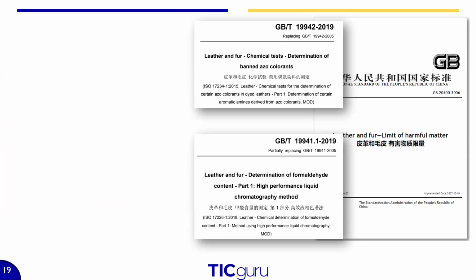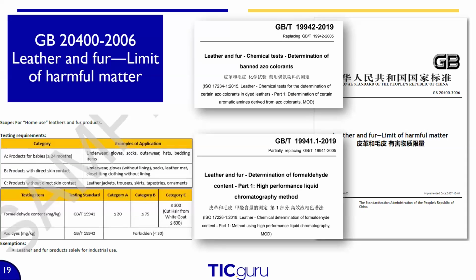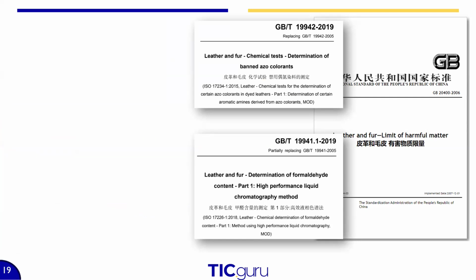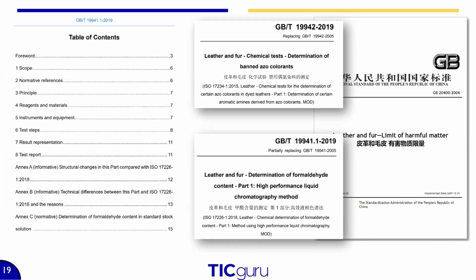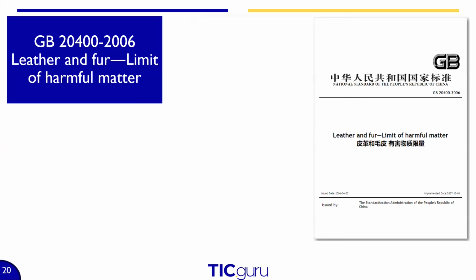Now, this is very interesting to notice how the cascading of standards exists and how there is an interweave between the country standards as well as the standards in the international realm.